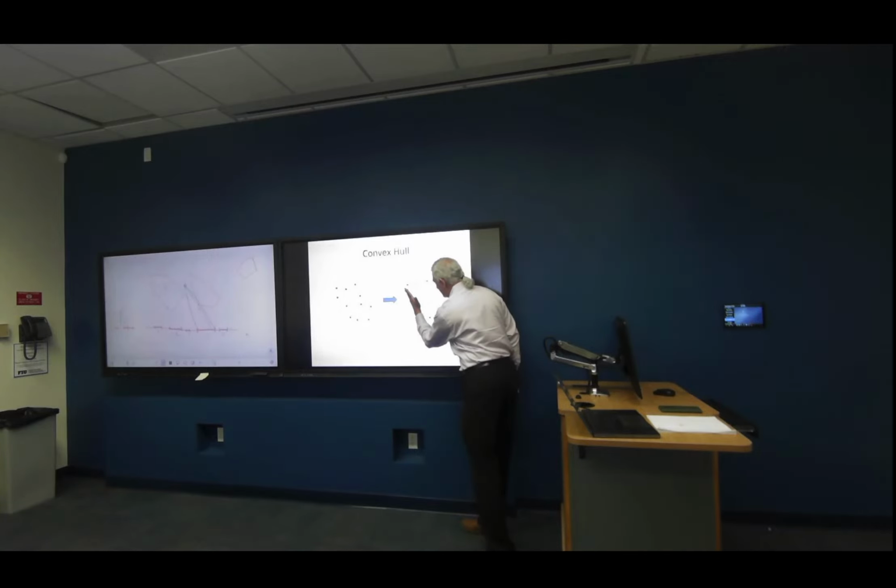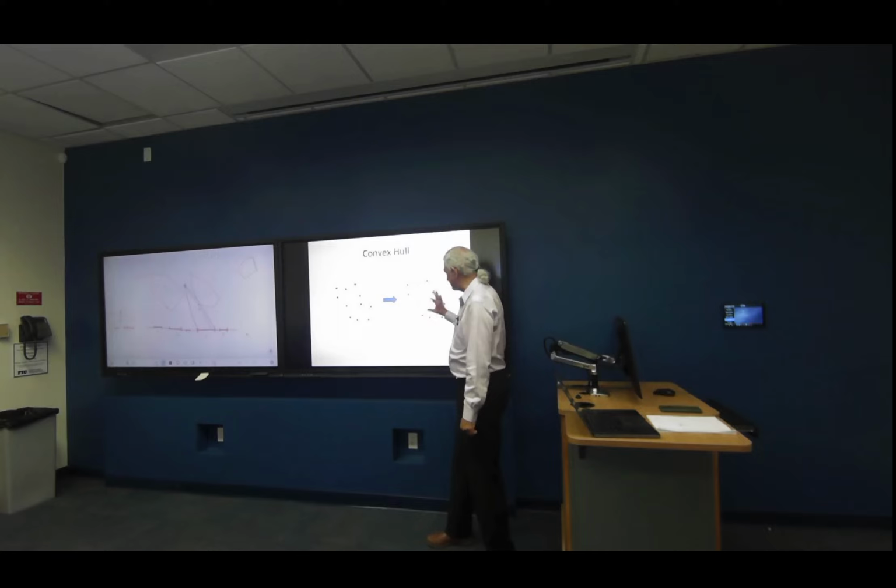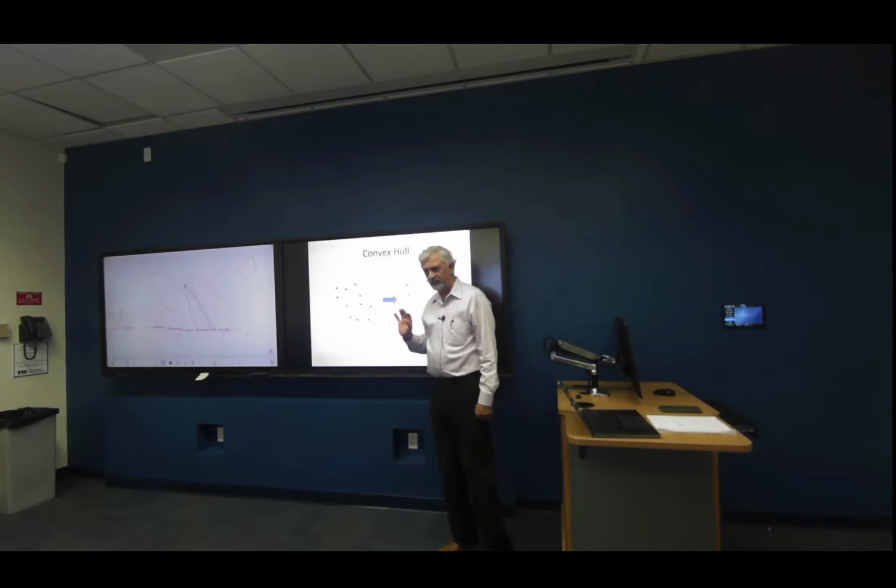So if I take this side here, or this side here, and I extend it to infinity, everything lies on one side. That's what a convex hull is. So for this set of points, this is the convex hull. And you can connect it to the thing that I drew over there.